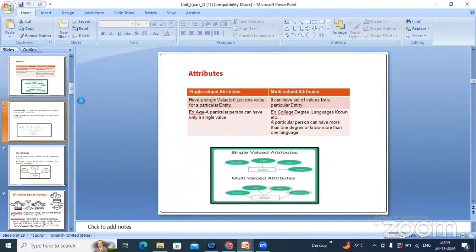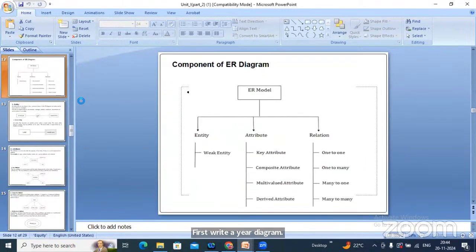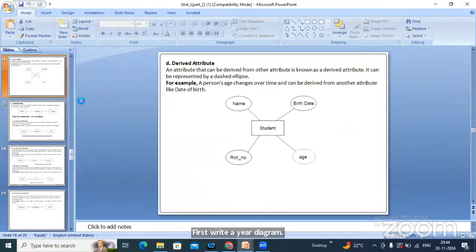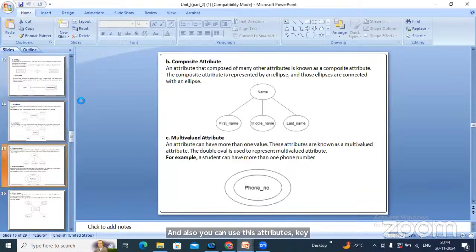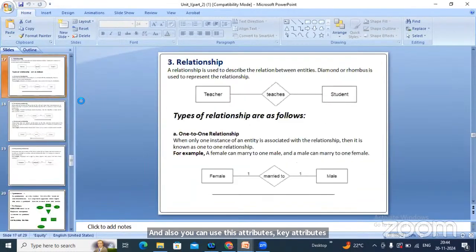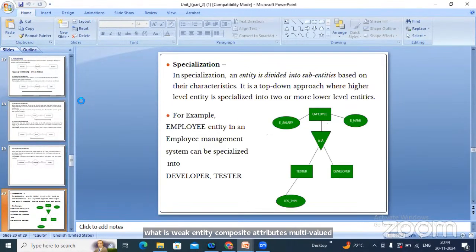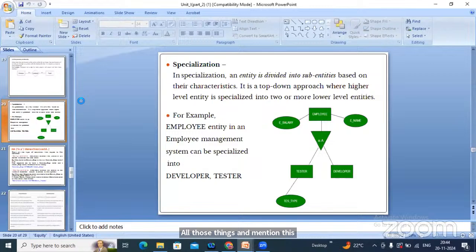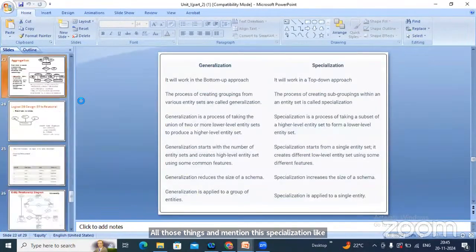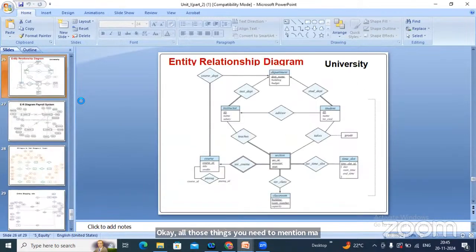First write the ER diagram. So these are the components of an ER diagram. You can also use attributes, key attributes, weak entity, composite attributes, multi-valued attributes, and types of relationship: one to many, many to one, many to many. Mention specialization, aggregation, composition, all those things. See here, this is an entity relationship diagram for a university database.